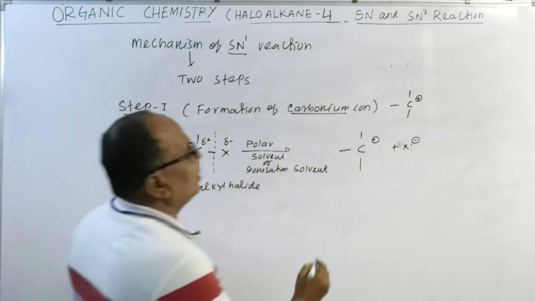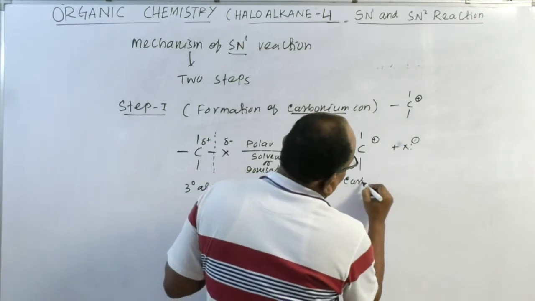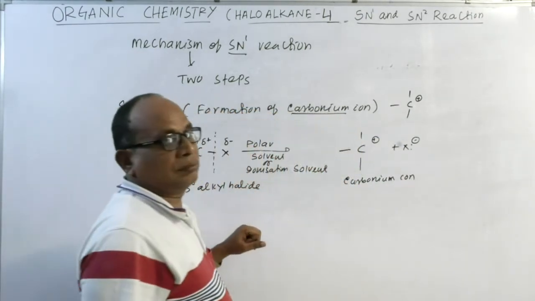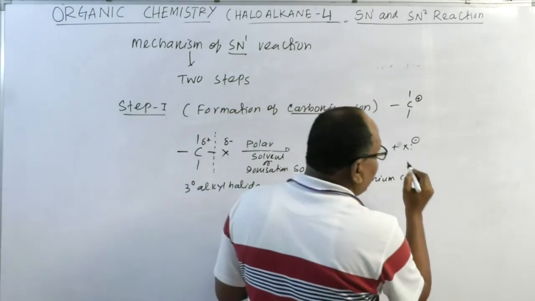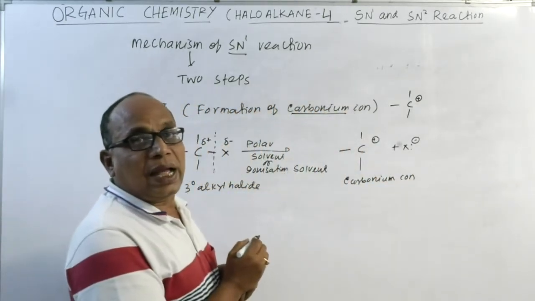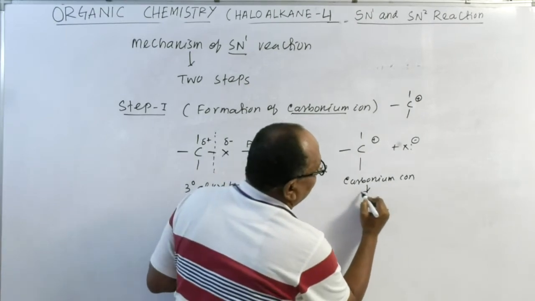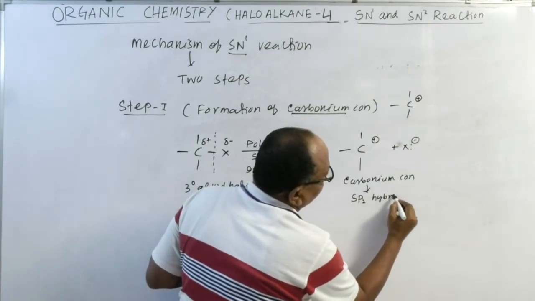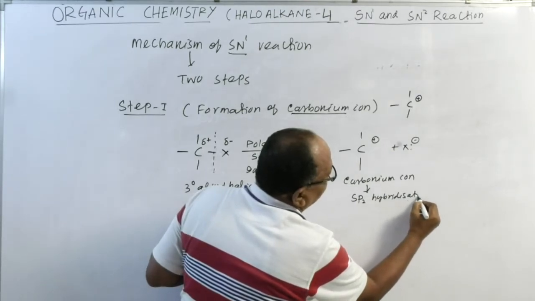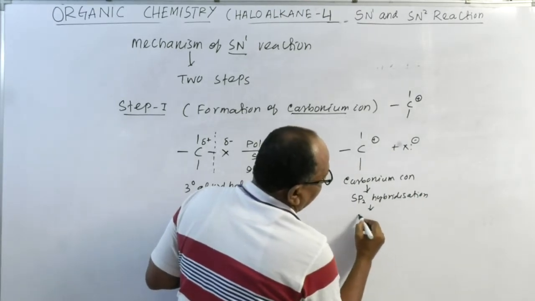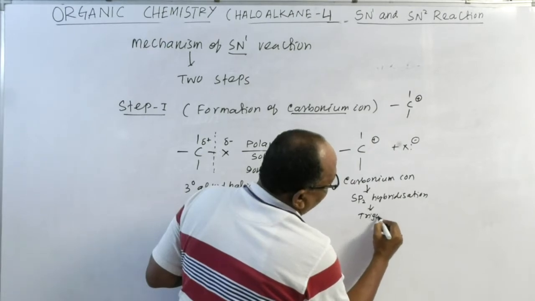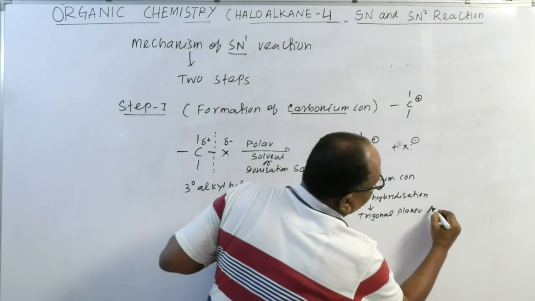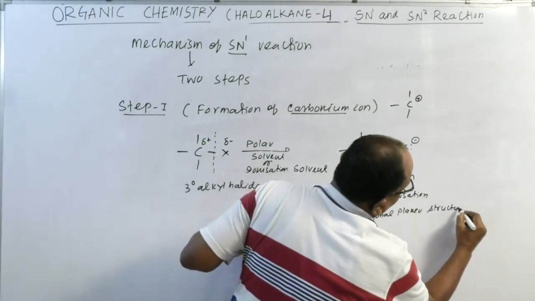And this is called the carbonium ion, a reaction intermediate, and this carbonium ion undergoes sp2 hybridization and has a trigonal planar structure.